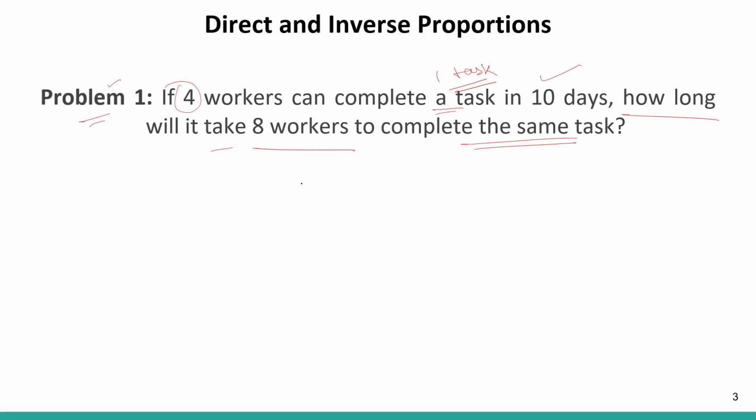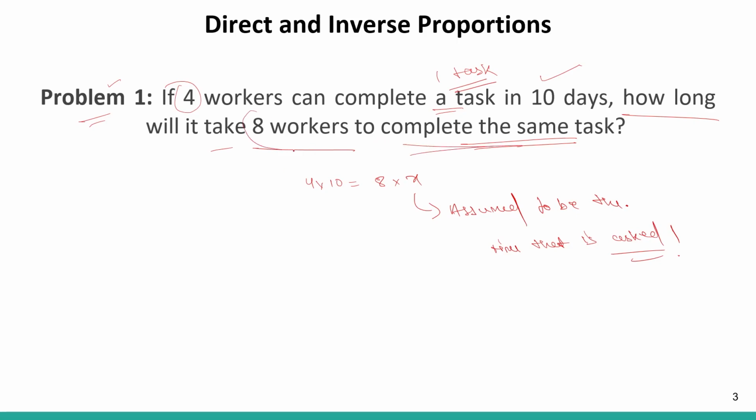We can use the work time equation here. That is 4 workers into 10 days, that is time, is equal to 8 workers into x days, where x is assumed to be the time asked, that is, the time for the 8 workers to complete the task.